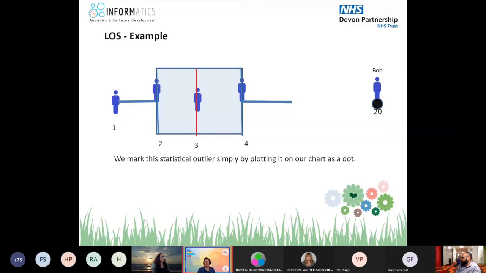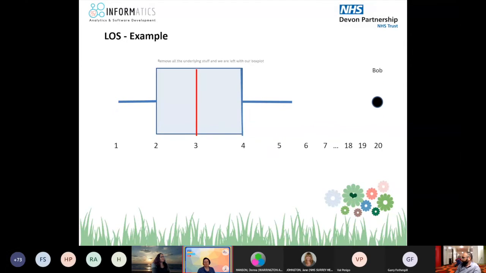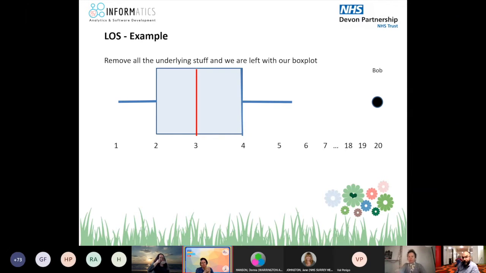So we just pop a dot there. Removing all our patients, we are left with a box plot. That box plot shows us the full distribution of what's going on. We can understand that's our median and that's our average length of stay. However, we can also see now that there's quite a spread and we've got an outlier. So it conveys that entire message in one go.